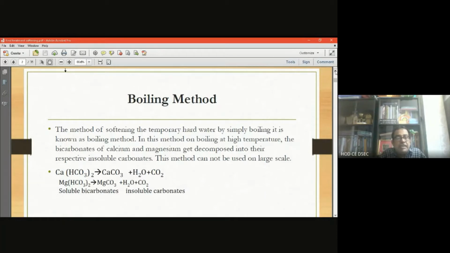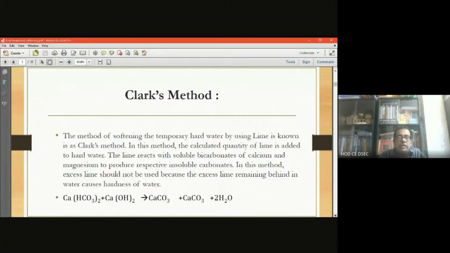On the left hand side I am showing you the soluble bicarbonate, and on the right hand side the insoluble carbonate. So soluble bicarbonate has been transformed into insoluble carbonates, forming the precipitate, and by this we are softening the hard water. This is one of the methods I have told you, the boiling method for removing the temporary hardness of the water.